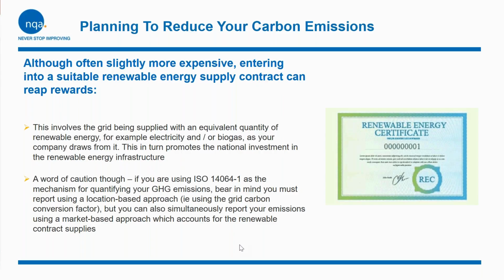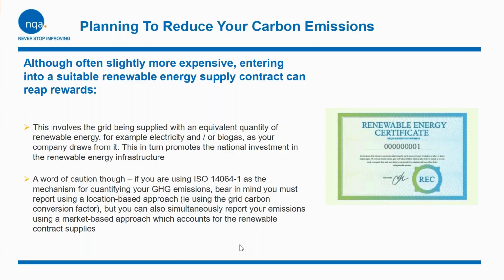So they can purchase green electricity or biogas. Now, it is more expensive to purchase, so from a monetary perspective it may not always be justified and allowed within different organisations.